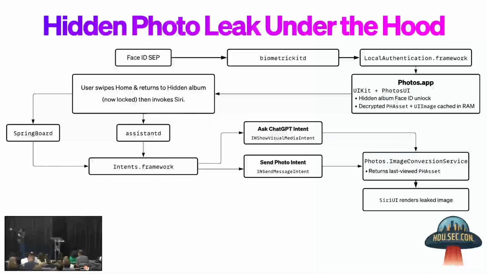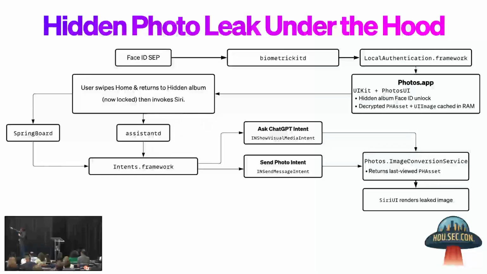Normally, it should prompt you before it displays any photos from that album. But if you already unlocked the album once and then you exited the app and went back in, it relocks, but then when you prompt Siri, it'll actually circumvent the Face ID part, and you can do it two different ways.